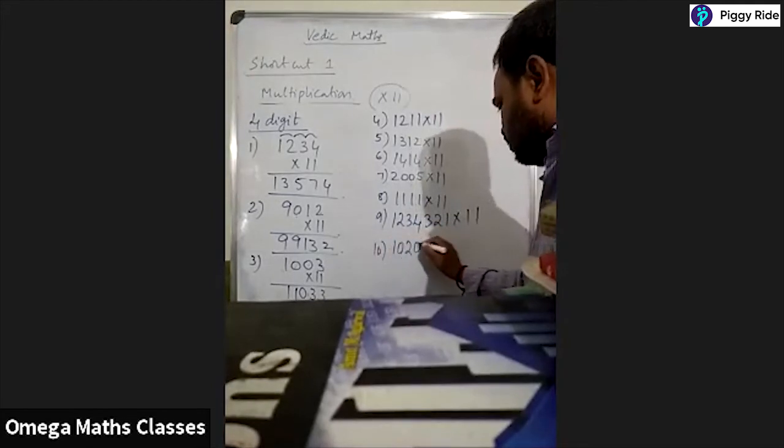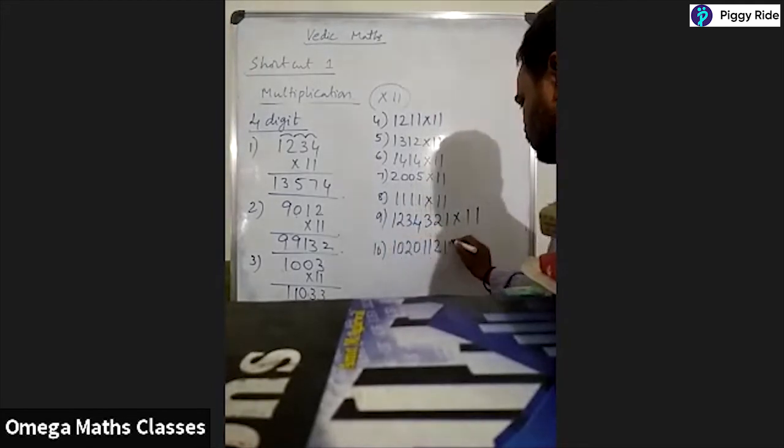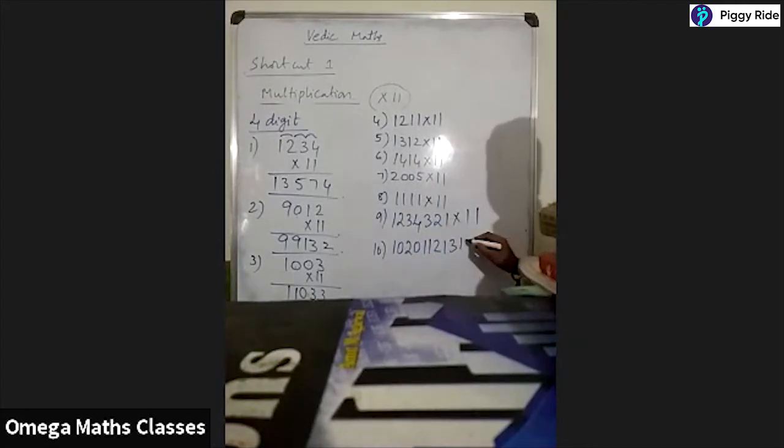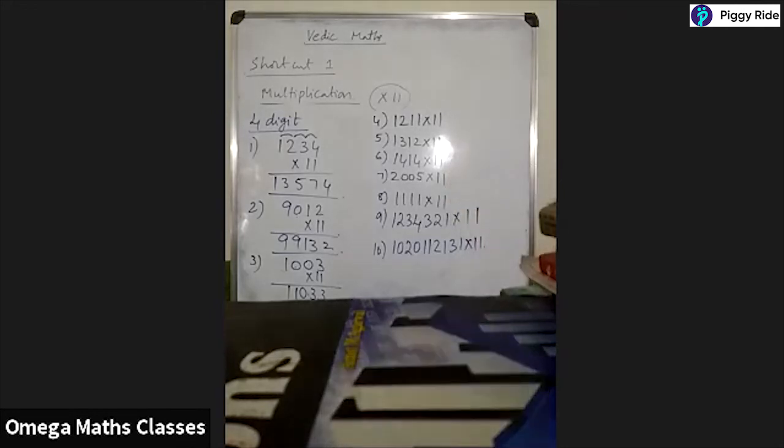Try this one also. It is a 10-digit number. Okay, try these two sums. Apply the same process. After that, I will tell you type 2 also, because you should know that as well.